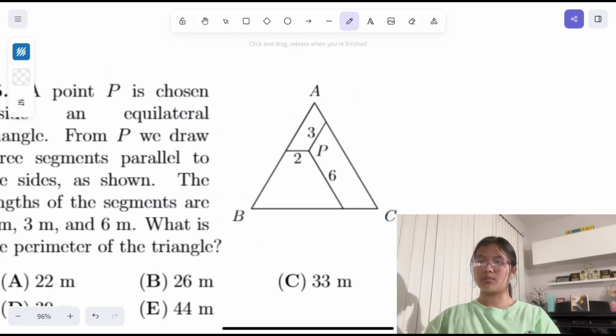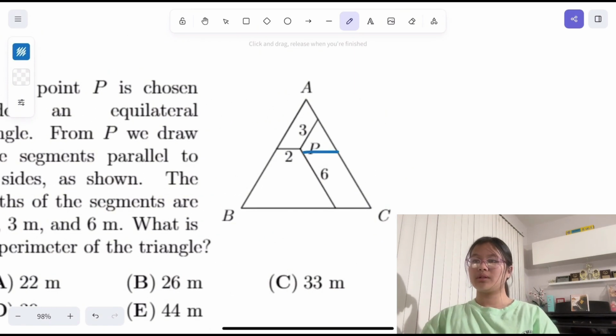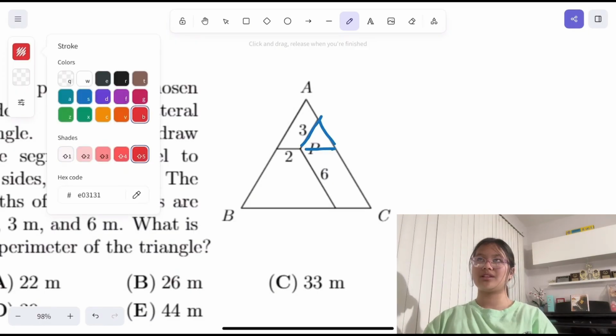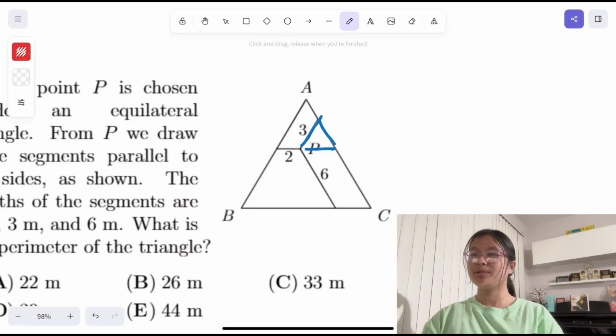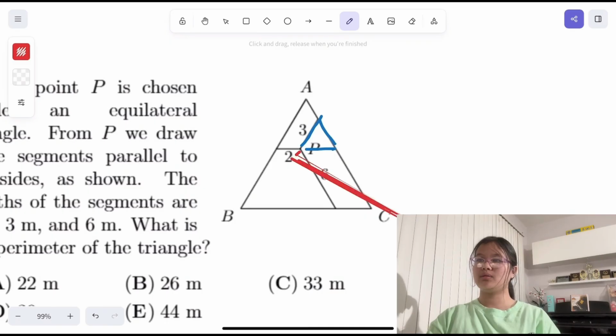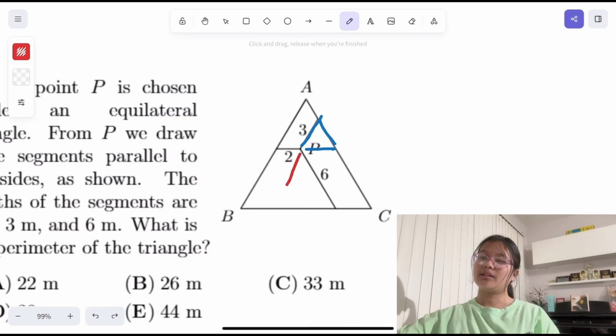Alright, so let's use blue. So we can basically make shapes inside a triangle itself. So you can see this tiny triangle on that, and that'll be one tiny equilateral triangle. So it's 3. Oh, wow, okay. So now we can make another one around the 2 and 6.